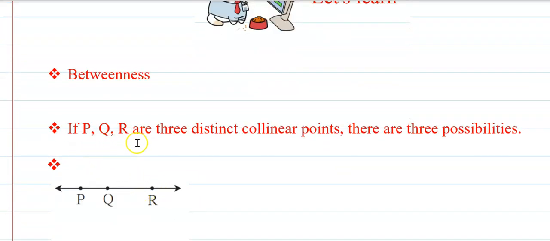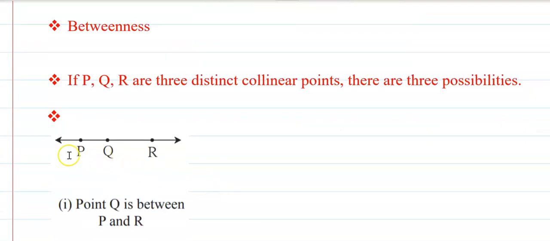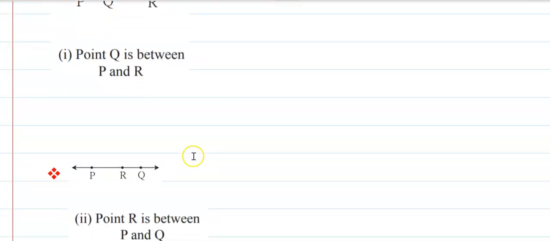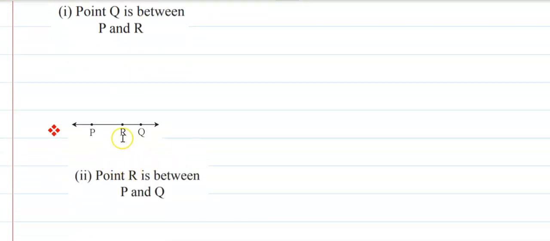If P, Q, R are three distinct collinear points, there are 3 possibilities. That is, Q is between P and R. This figure tells that the point Q is in between P and R. Next, the point R is in between P and Q. This is the second possibility.